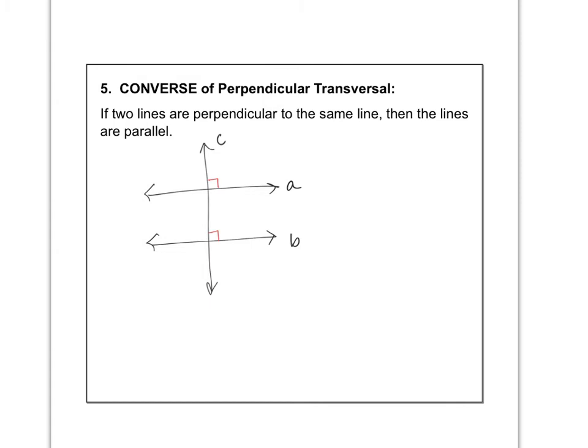So if A is perpendicular to C, and B is also perpendicular to C, if they both meet C at 90 degrees, then A is parallel to B. Remember that upside down T means perpendicular.